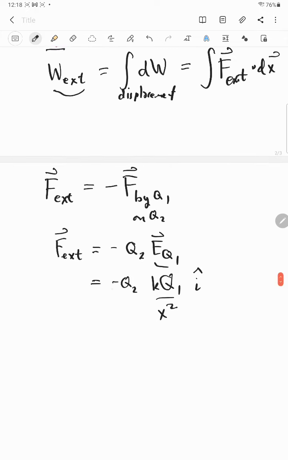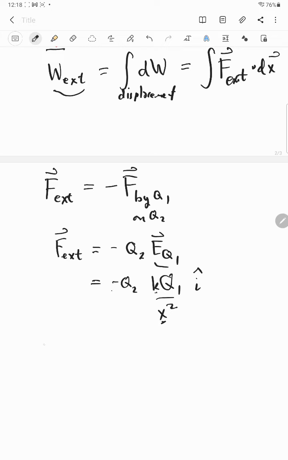Right, so I've got a negative sign, I've got a positive i hat over here, and I have the 1 over 4 pi epsilon naught k value, the charge Q1, because I'm talking about the electric field due to Q1. And then this describes where Q2 is, right? Q2 is x away from Q1.